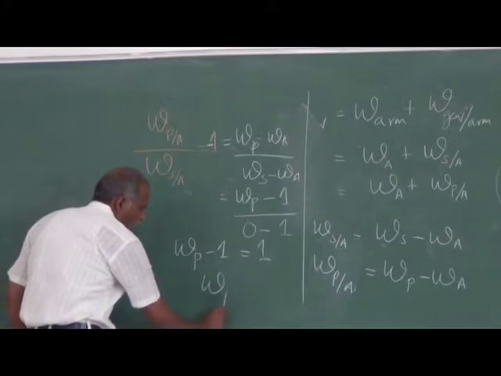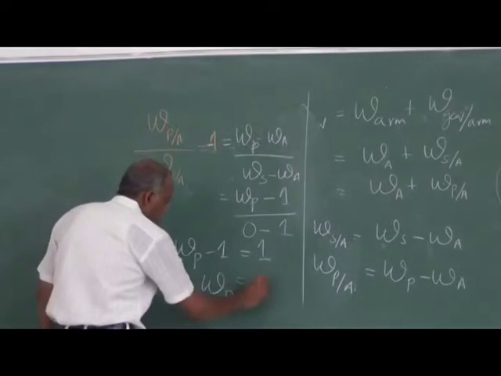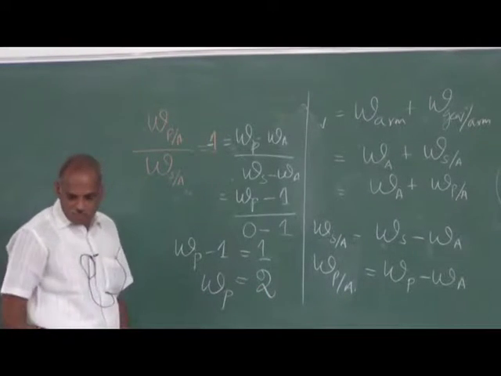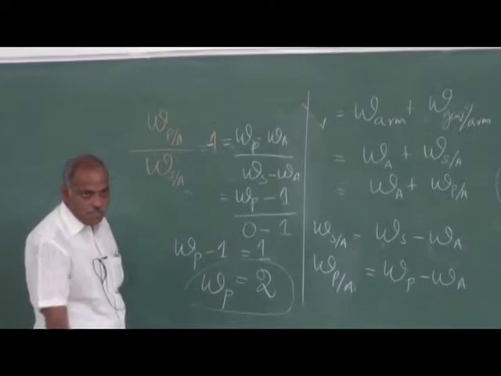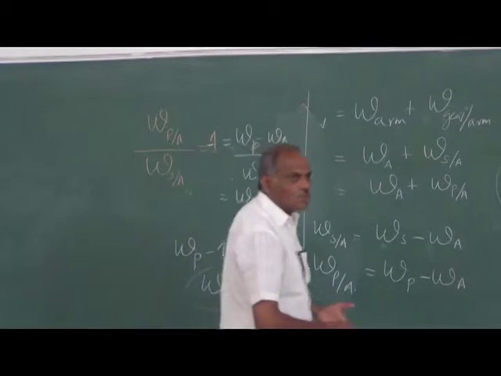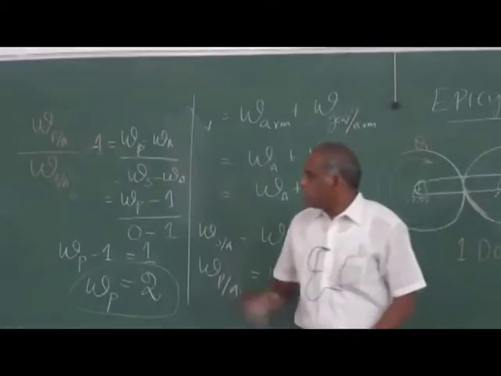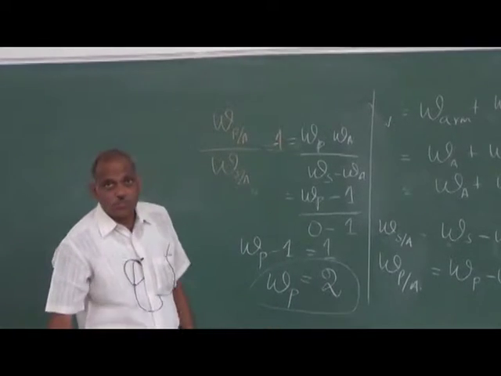So we can estimate the planet gear will have an angular velocity of 2, or in terms of rotation, the planet gear will have 2 rotations. So this is what we can get by writing the relative velocity equations.